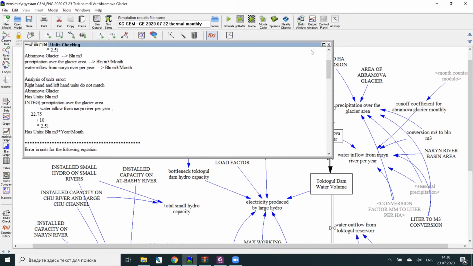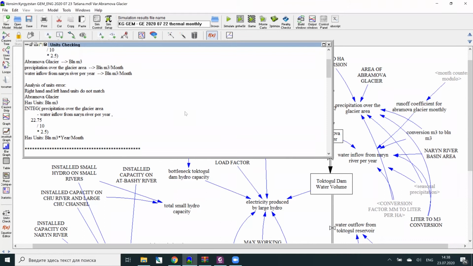One of the aspects is that when you do the integration, the integration is done based on the time step that you are considering. In this case, the integration would normally be done per year, but we have month added in. So one option to solve this would be to take all the constant factors out of the equation, make them independent variables with their own units, and then the model will be able to understand it better and adjust.